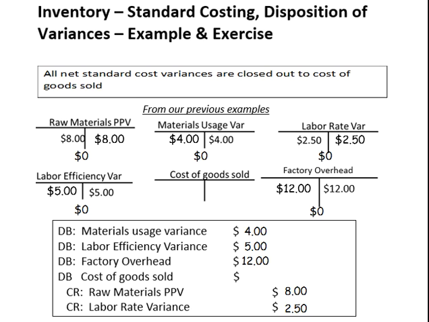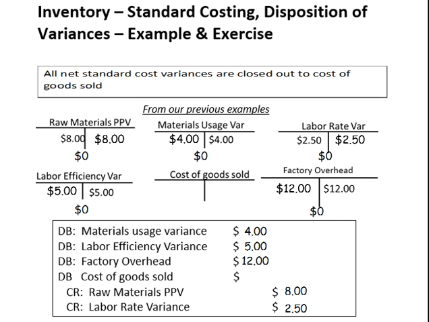In order to do that, I take a look at the total debits, which are $21, and total credits, which are $10.50. So again, to make that balance, I'm going to have to insert a credit, and that credit is going to go to cost of goods sold for the difference, which happens to be, in this case, $10.50.